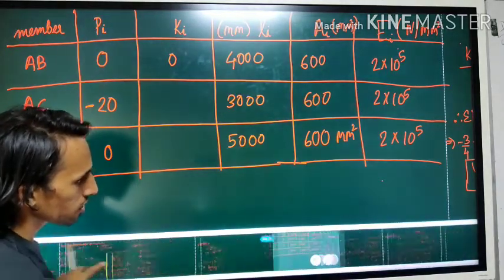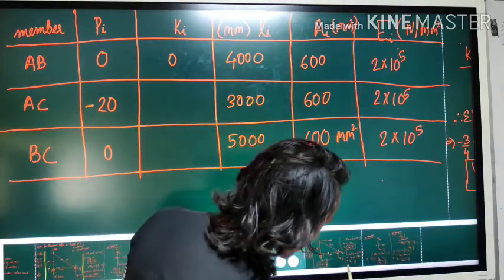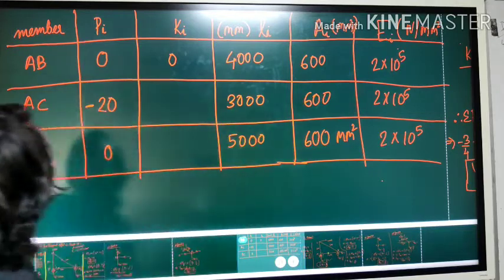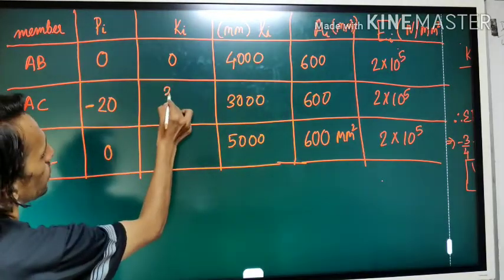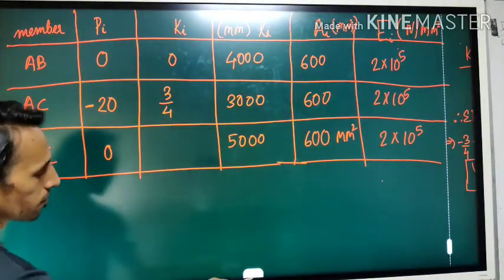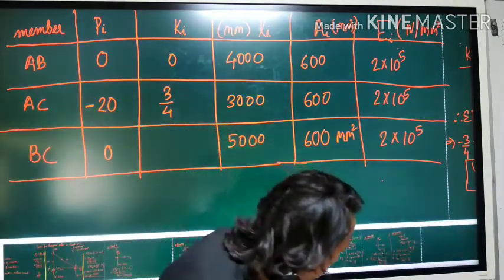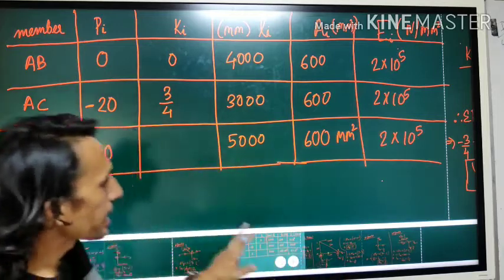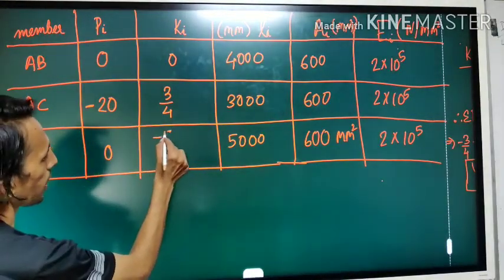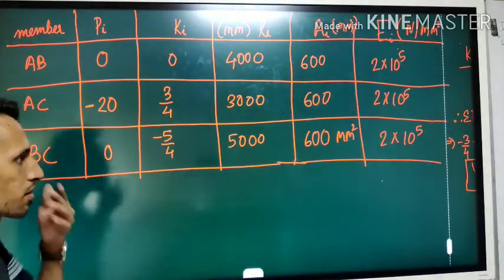What were the other values? AC was 3 by 4, and BC was minus 5 by 4.